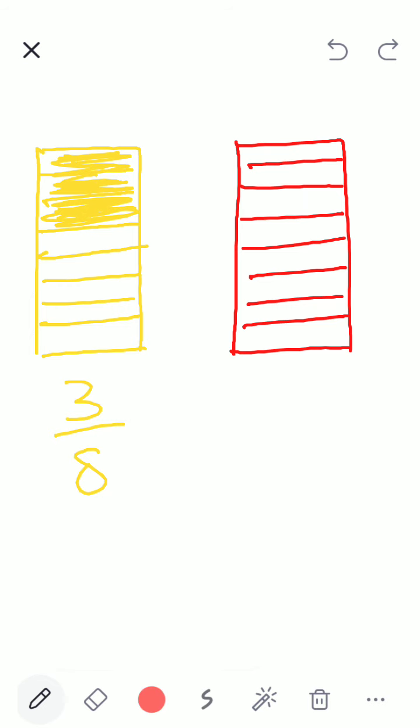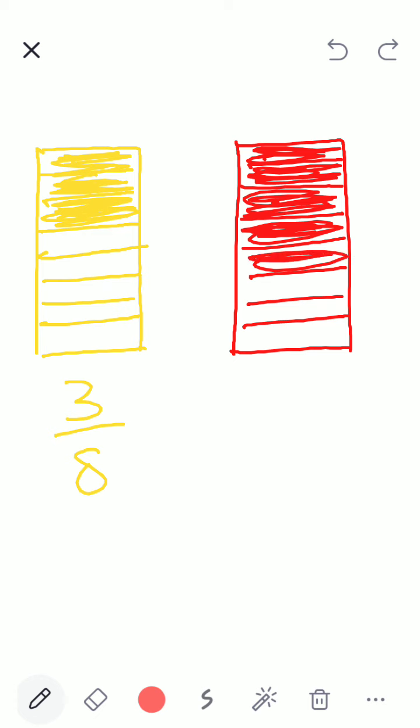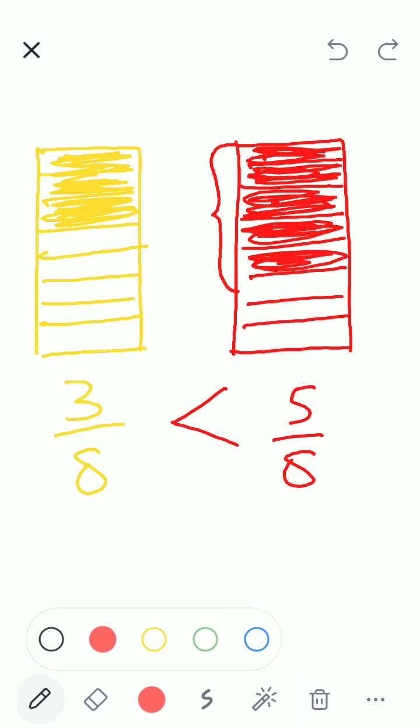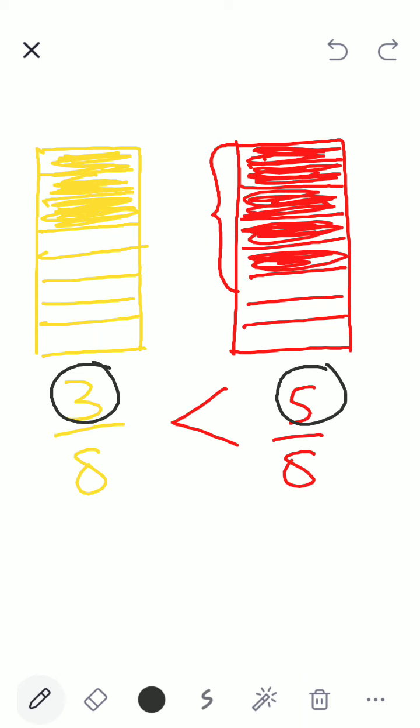And the other, if I've eaten 5 by 8 of the chocolate, straight away visually I can make out which is bigger, right? So 5 by 8 is more. I've covered more of the chocolate. So just by looking at the numerator, I could make out which fraction is bigger. But I cannot draw every time, right?